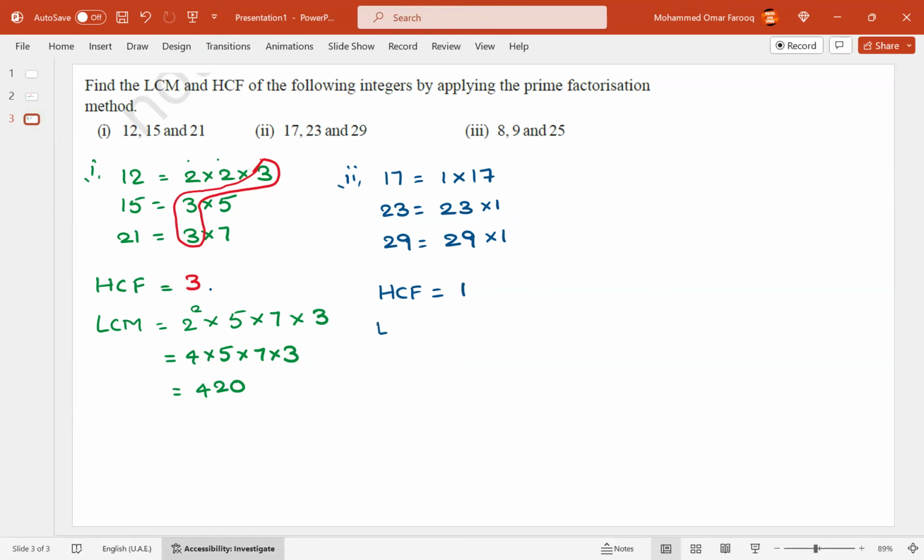And what about LCM? You multiply all the prime factors. So that is 17 multiplied by 23 multiplied by 29, and when we multiply, we get 11,339. Okay, this is how you find it.